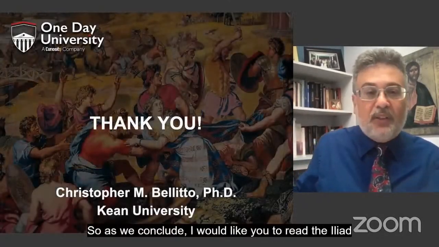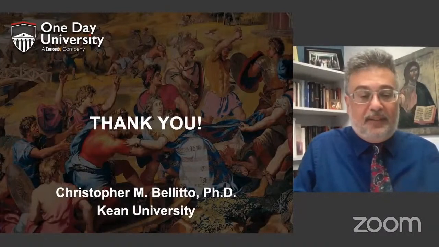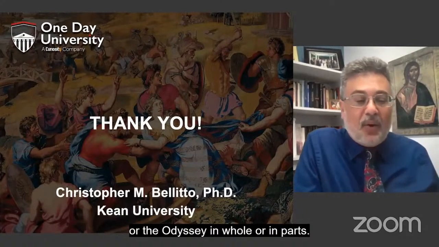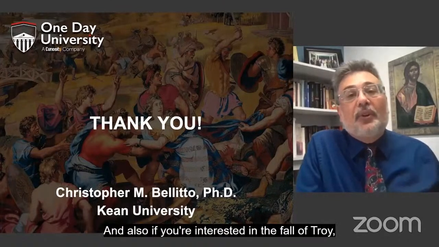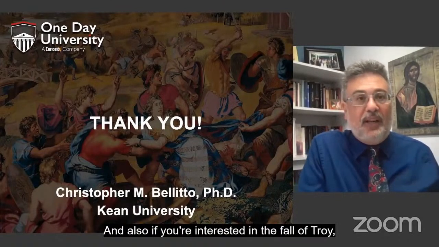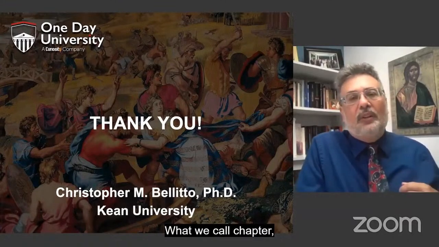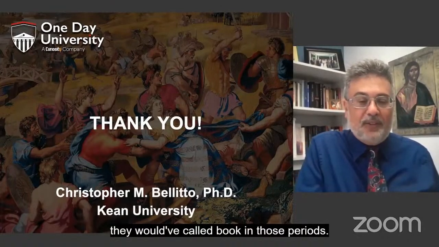So as we conclude, I would like you to read the Iliad or the Odyssey in whole or in parts. And also, if you're interested in the fall of Troy, read the Aeneid, Book 2, what we call chapter, they would have called book in those periods.